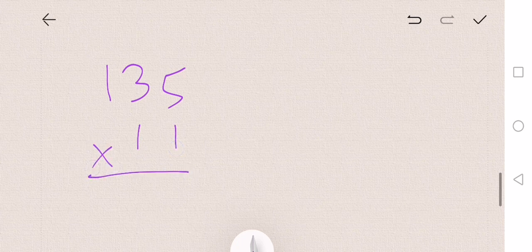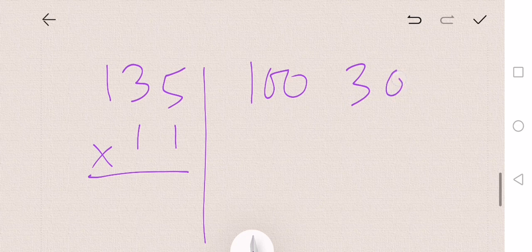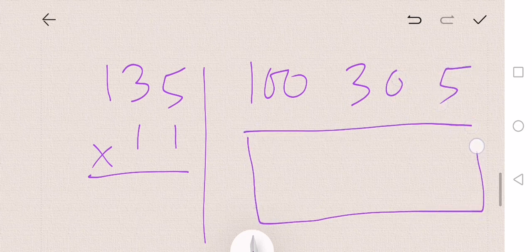Okay, let's do one more. If this is a double digit number, so let's say 135 times 11. I'm looking for an easy one so you can understand. So you need to write down 135. But look, now there's a double number, so I need to divide it into 2.